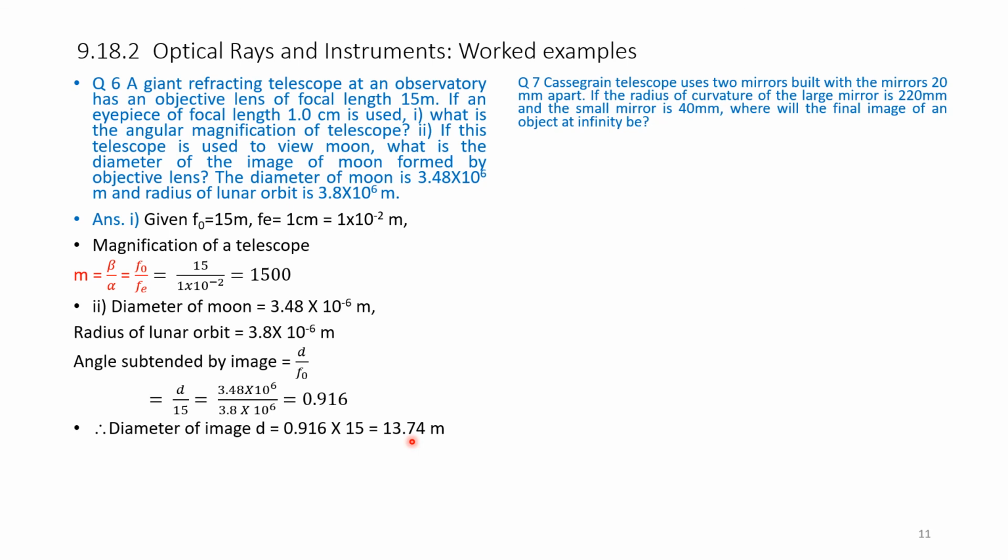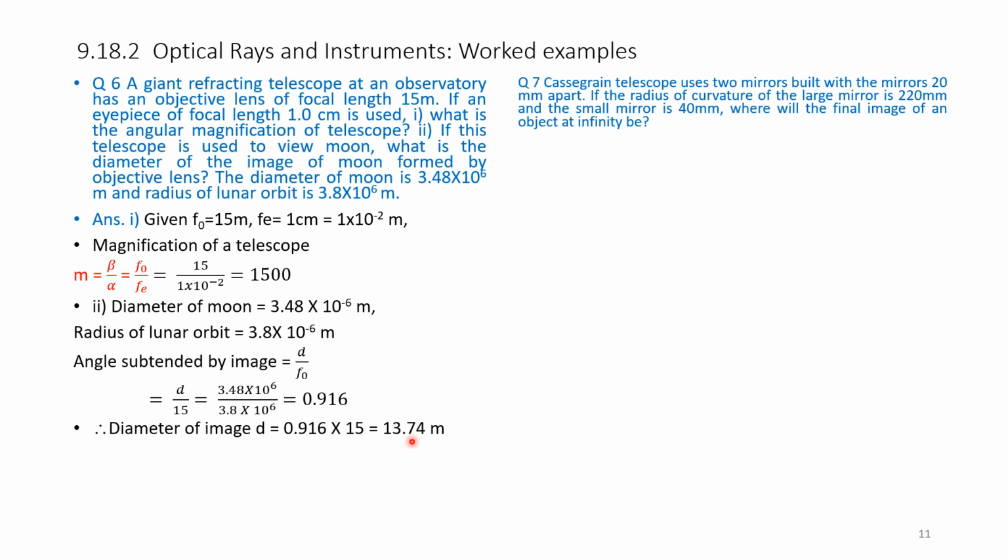Let us take up the last example. A Cassegrain telescope uses two mirrors built 20 mm apart. If the radius of curvature of the large mirror is 220 mm and the small mirror is 140 mm, where will the image of an object at infinity be?